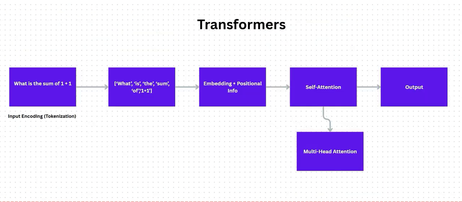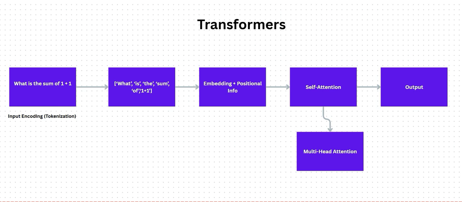So now let's go a bit deeper and understand what actually happens inside the transformer architecture, the core engine behind models like GPT. Once the input is encoded and tokenized, the real processing begins inside the transformer. As discussed earlier, the input text, like what is the capital of India or what is the sum of 1 plus 1, is split into small tokens that you have seen on the screen.